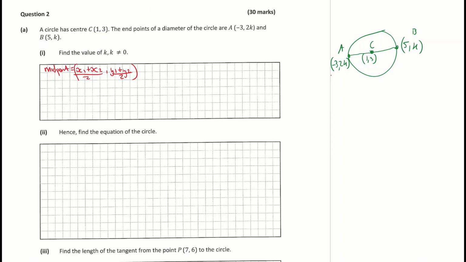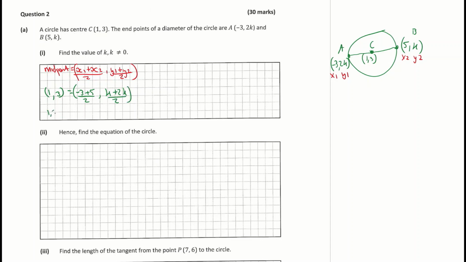Going to my points A and B, x1, y1, x2 and y2. Just make sure and label up your coordinates. So my center is my midpoint. So my midpoint here will be 1, 3 is equal to x1 plus x2, which is -3 plus 5 divided by 2, comma k plus 2k.